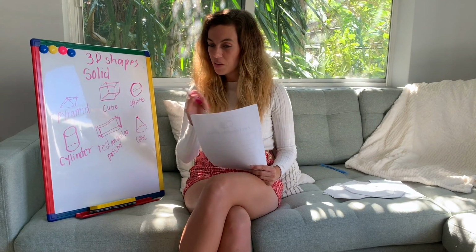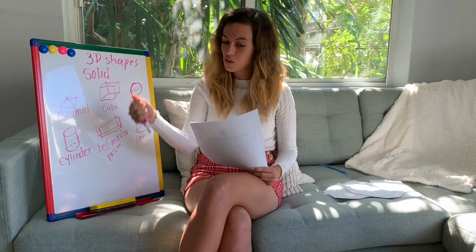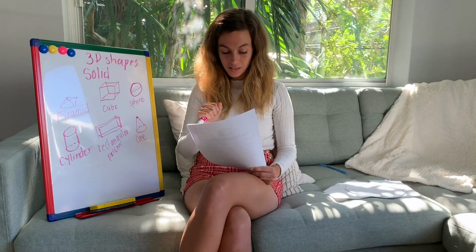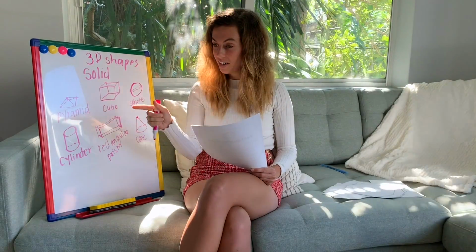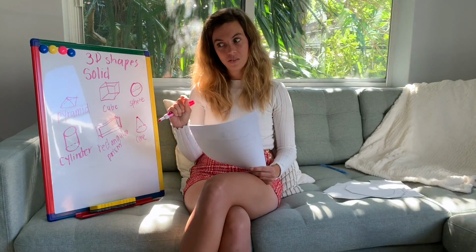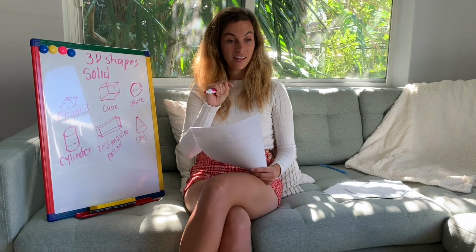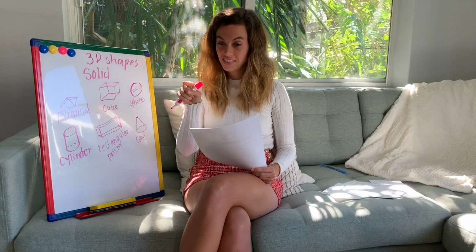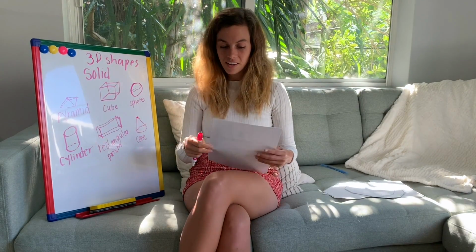An ice cream cone. If you flip this cone around, it would be an ice cream cone. A party hat. The orange traffic cones. Good. Sometimes a tree might look like a cone. Carrots, the big carrots look like a cone. Good.